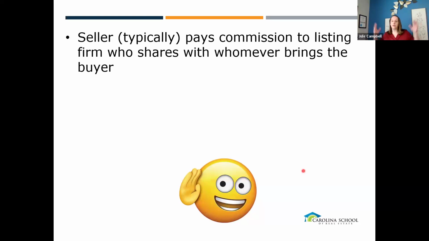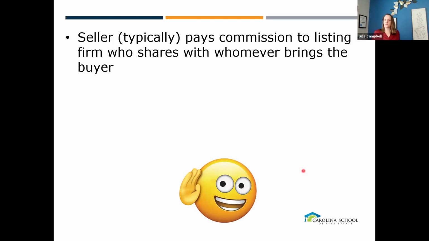All we can do is what we know right now. So right now, what do we know? Seller typically pays the listing firm, and then the listing firm shares some of their commission with the firm that brings the buyer.